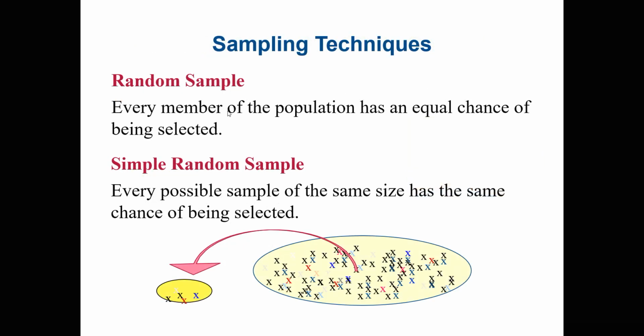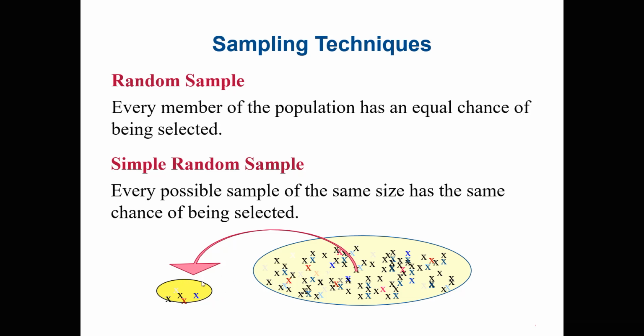Okay. Now let's take a look at the different methods of choosing a sample. Now, if you are going to use a sample, how do you choose that sample? The first sampling technique we will use is what is known as the random sample. Under the random sample, you have your population and you randomly choose. In other words, every member of the population has an equal chance of being selected.